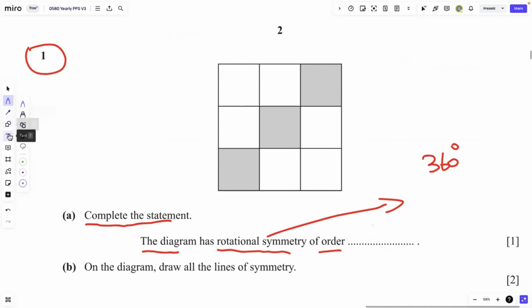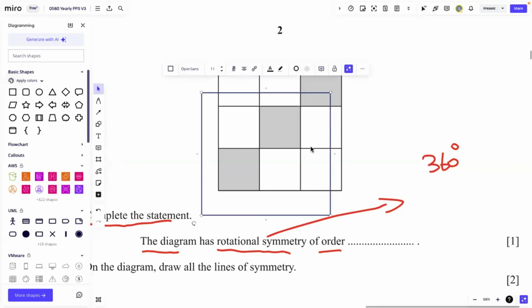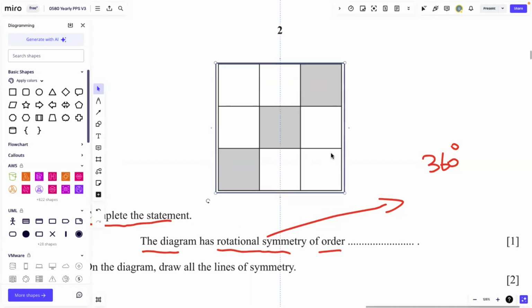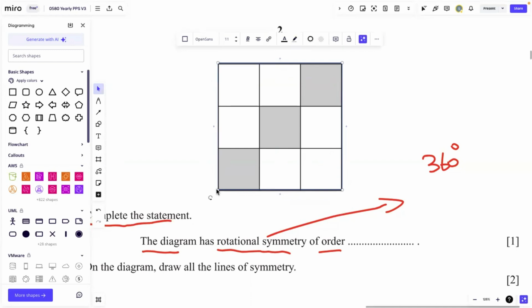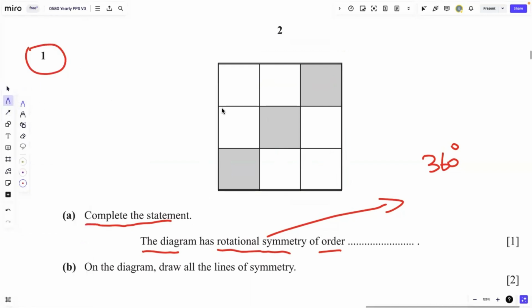For that, let's take a rectangle, similar to the one that we have here, or a square, and for reference we can shade it like this.